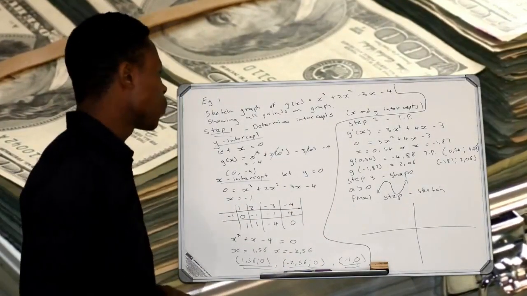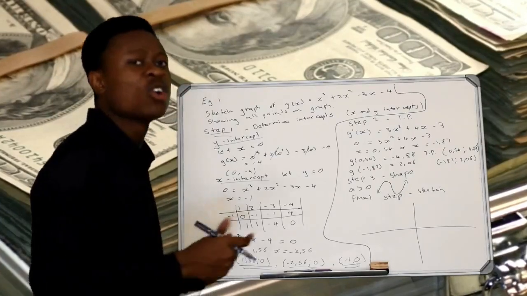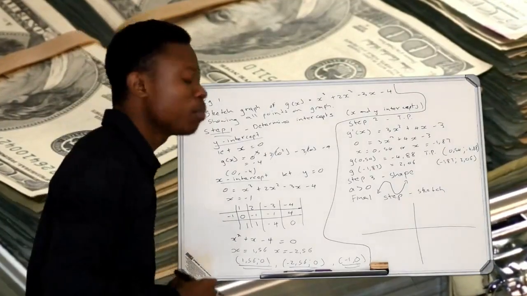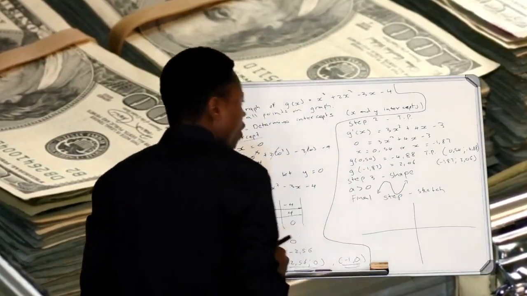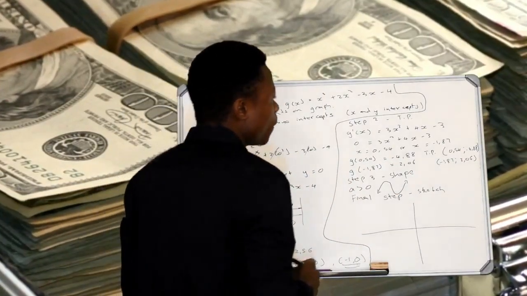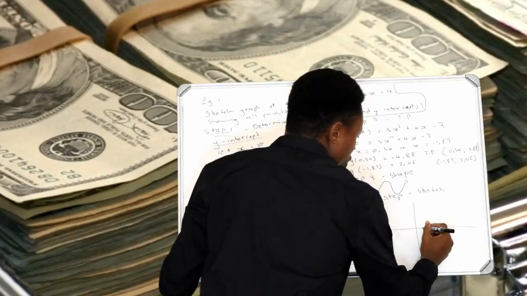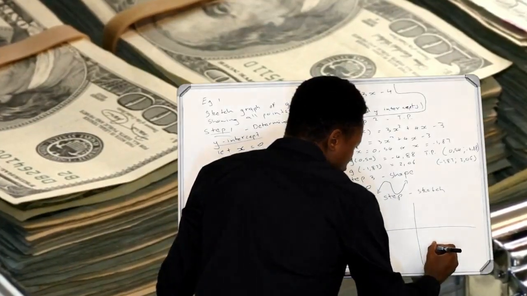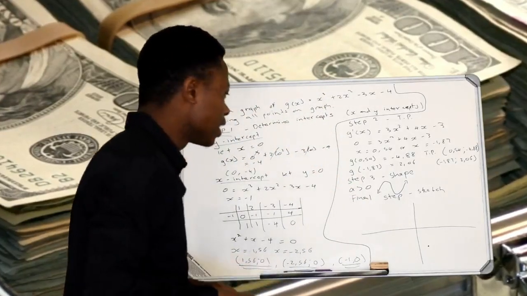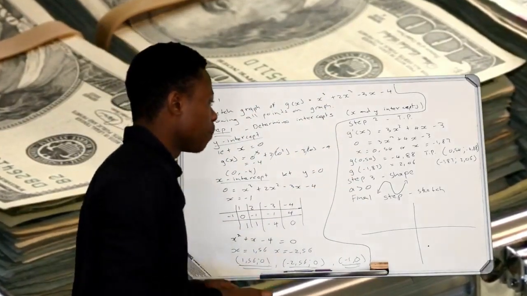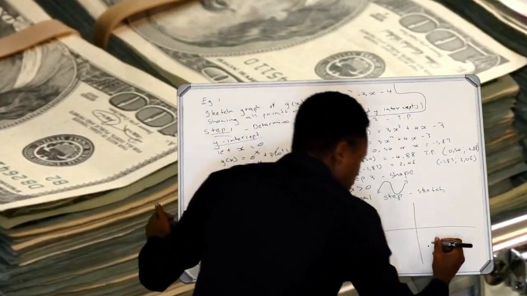So what are the first points that we need to put on our graph? I would suggest we look at the turning points first. My first turning point is 0.54 and negative 4.88, so it'll be somewhere here. 0.54 is the x, negative 4.88 is the y. Let me label it.